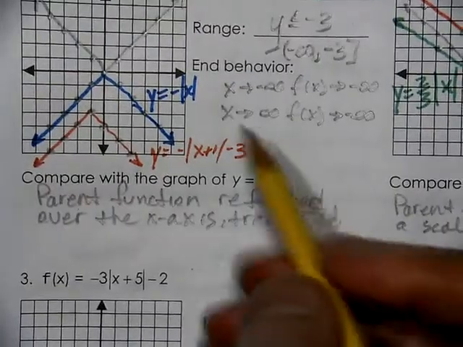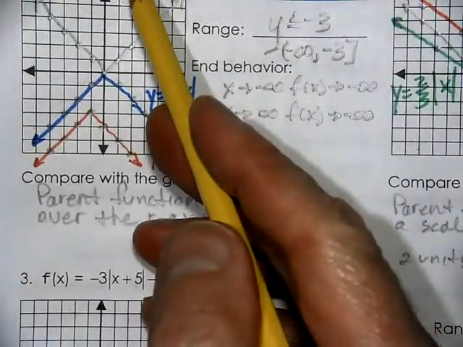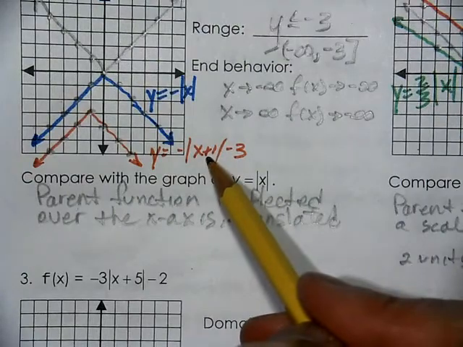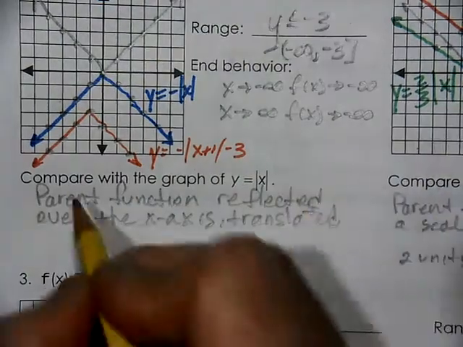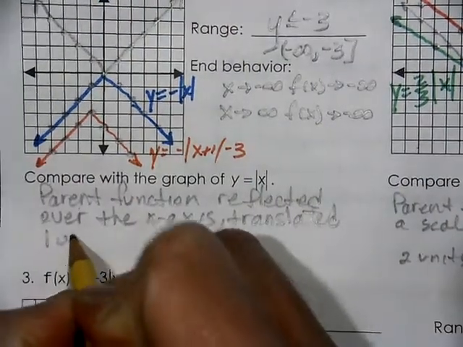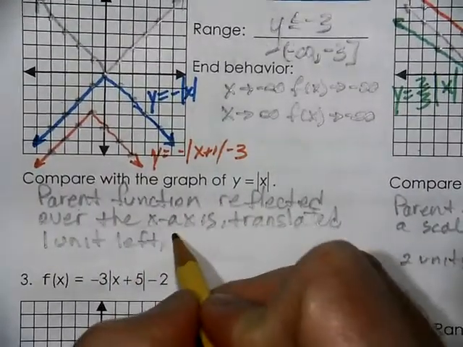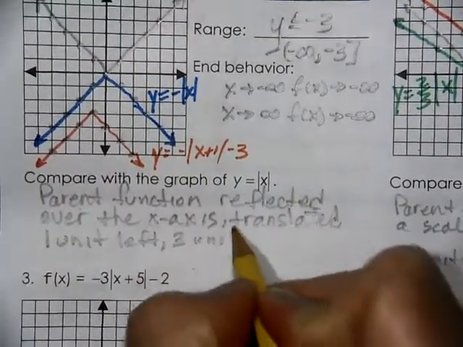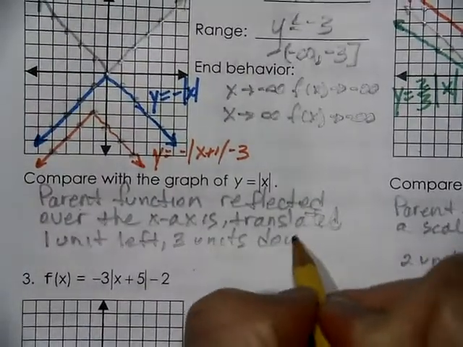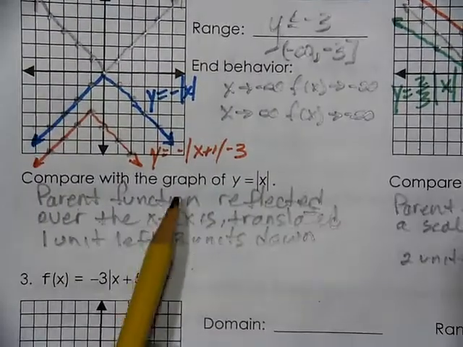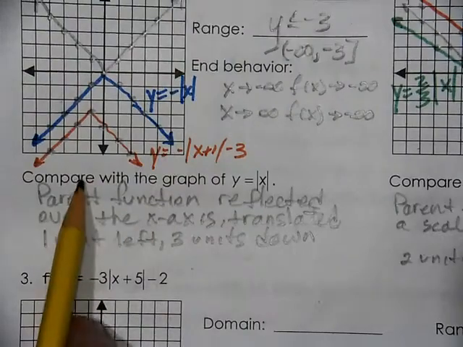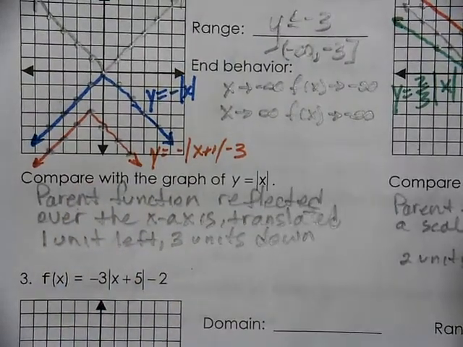And it is translated 1 unit left, 3 units down. That was the question 1, comparing.